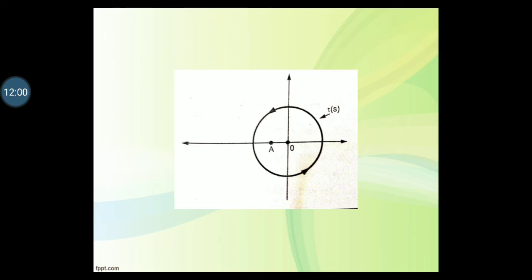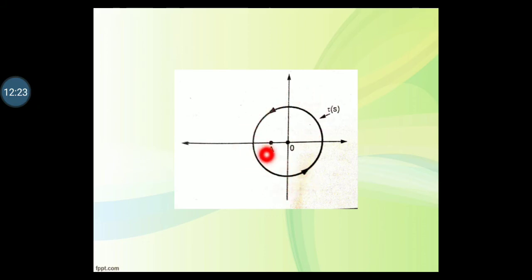Now we'll discuss counting the number of encirclements. From this figure, it can be easily concluded that the number of encirclements of points A and O is 1. How many encirclements are there for O? Only 1.